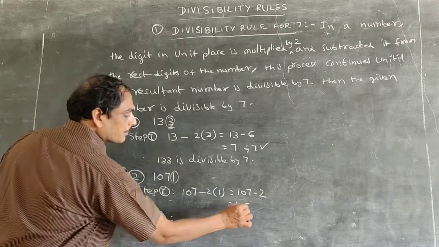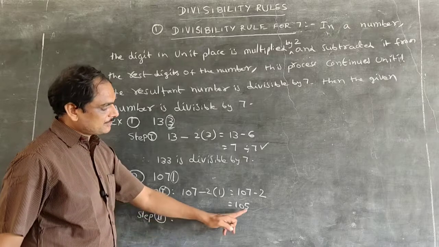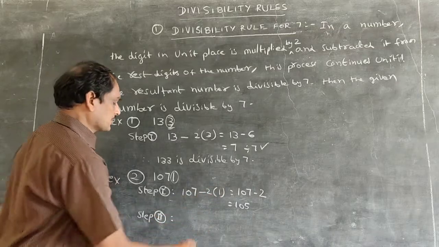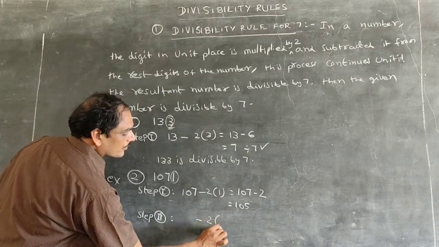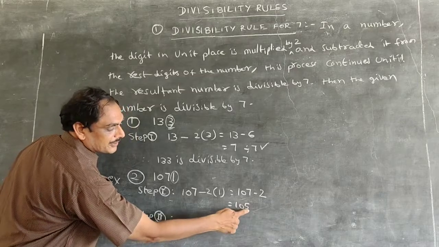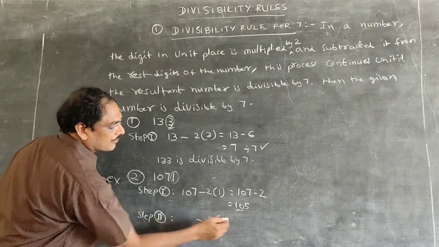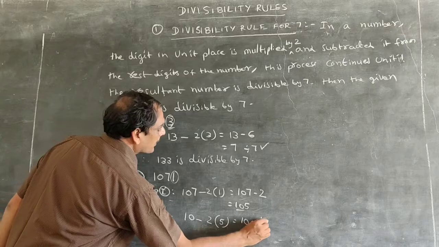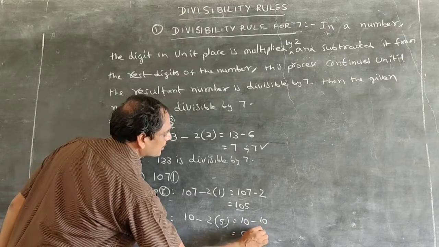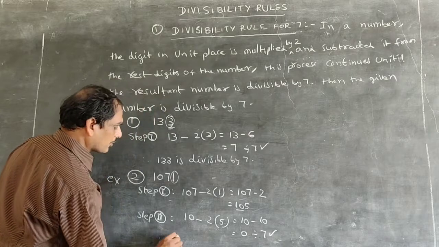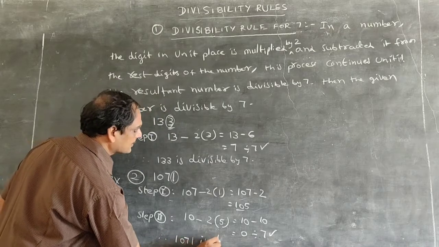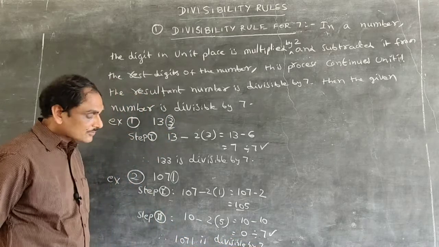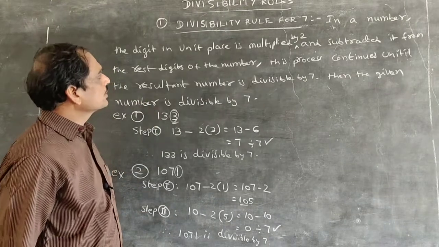In the number 105, the unit place digit is 5. So we multiply the unit digit by 2 and subtract it from the rest digits. The rest digits are 10, so 10 minus 10 is 0. 0 is divisible by 7. Therefore, 1071 is divisible by 7.